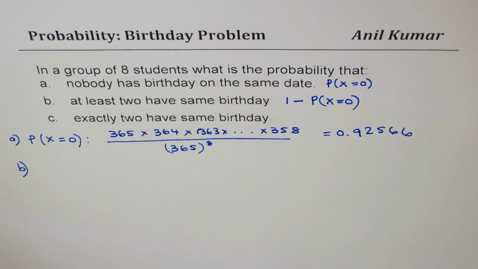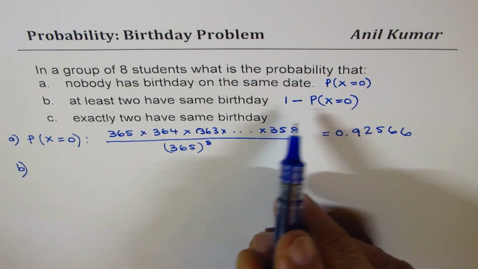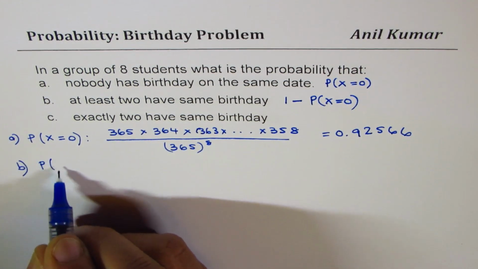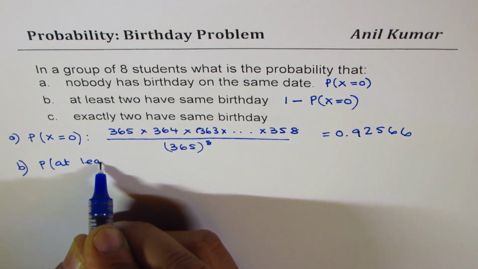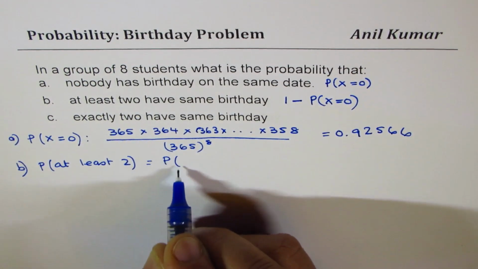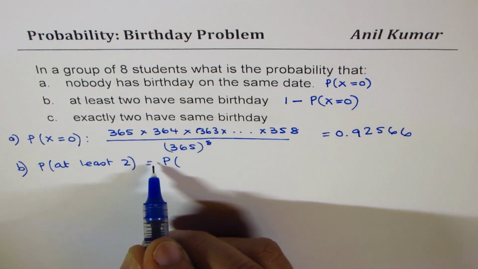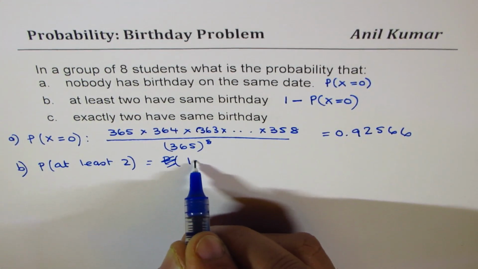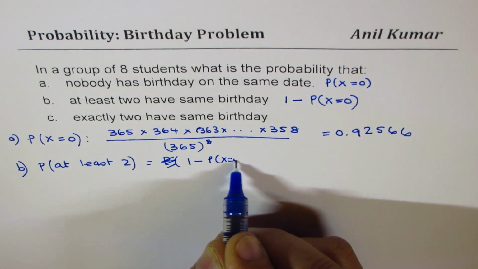At least 2 means 1 minus probability for x equals 0.